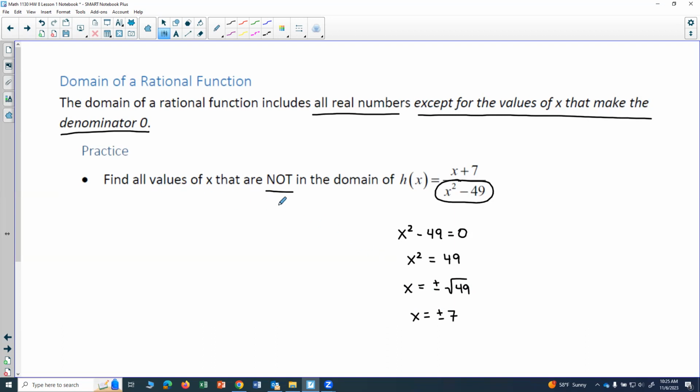So all the values of x that are not in the domain of this rational function, I would answer x equals -7 and x equals +7 are not in the domain of h of x.